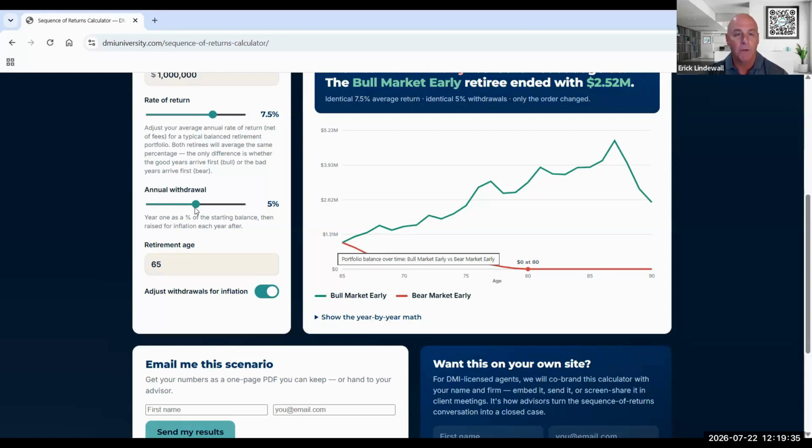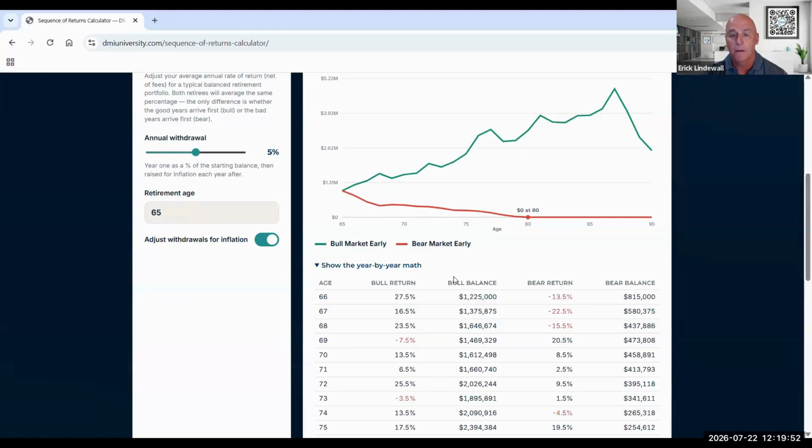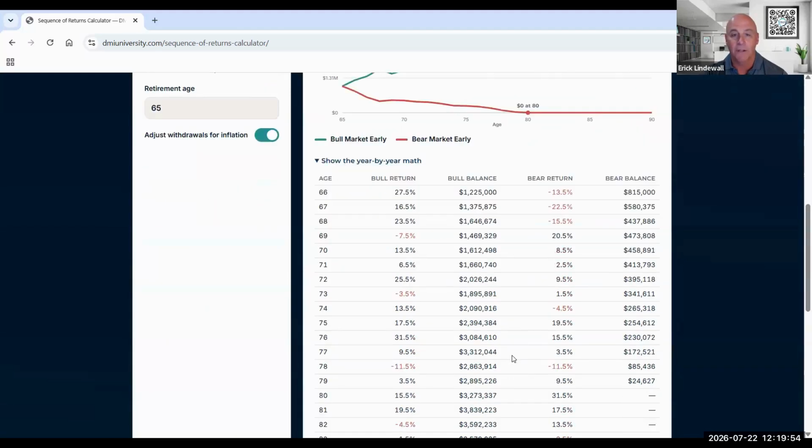And I'm using these slide bars, and these lines are moving around. But the cynic in me would say, hey, well, I see those lines moving, but show me the math. How are you coming up with these numbers? So you'll notice Glenn and team have just included a little tab here where you can actually show the client the year-by-year math.